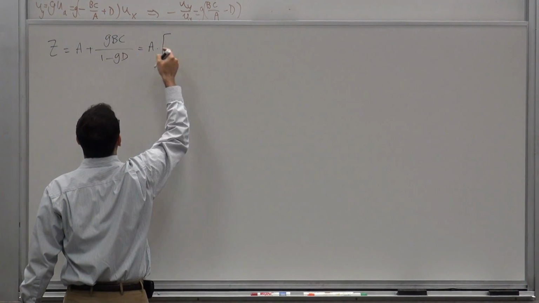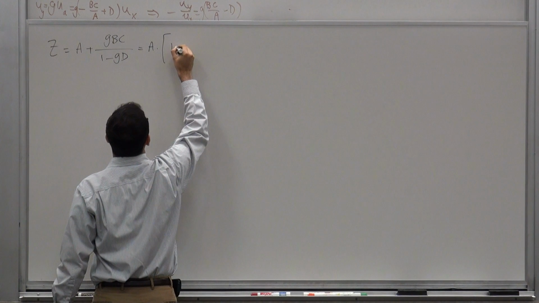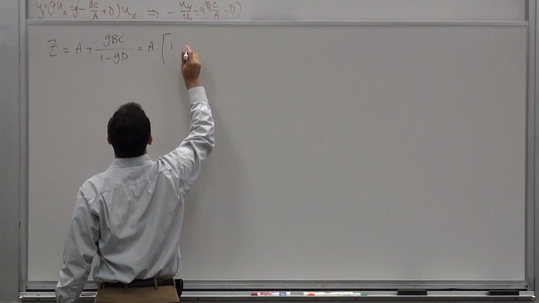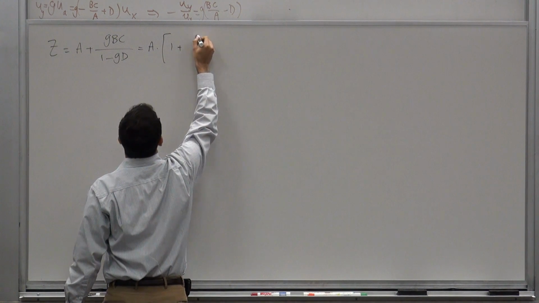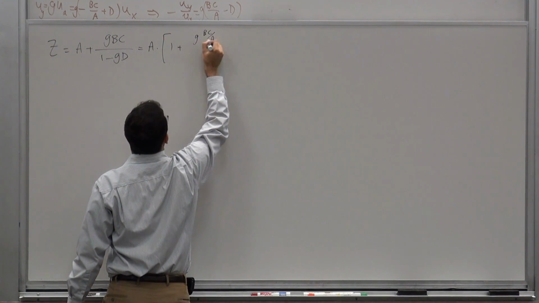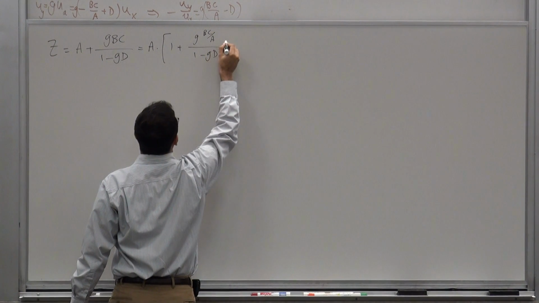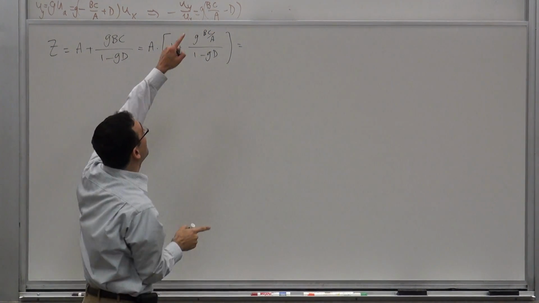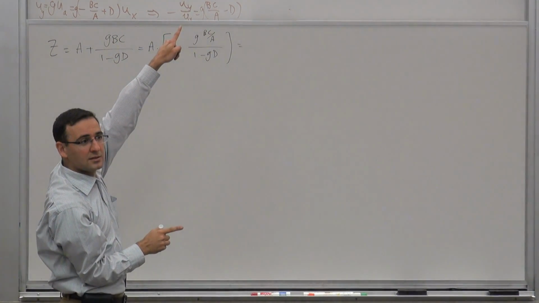It's 1 plus GBC over A, divided by 1 minus GD. And I know what A is. What is A? Z naught.